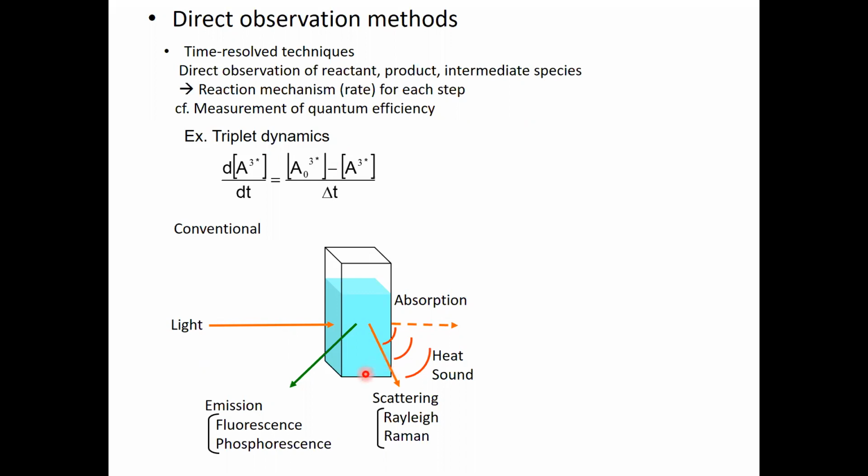optical methods. As you see, in the optical method, light is illuminated onto the sample, and you measure the absorption spectrum. And in some cases, people measure the light emission, fluorescence or phosphorescence. And in a more special case, you may observe the light scattering and thermal or acoustic wave generation.